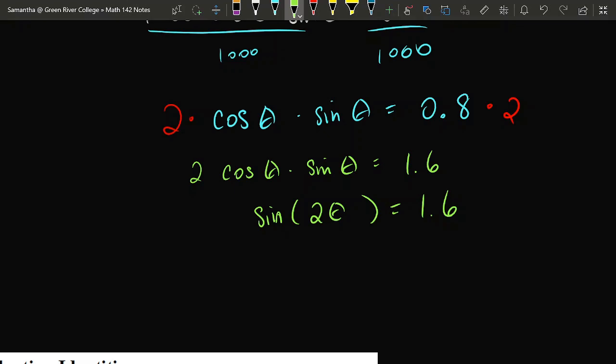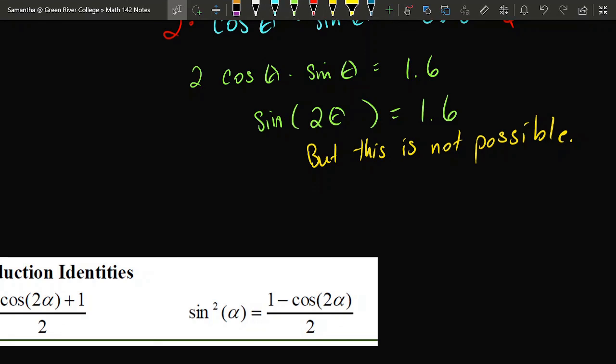But notice something. What we are requiring is that sine output a value that is larger than 1. So during our solution process, we ran into something that was mathematically impossible, and that was proof that our catapult cannot hit an object 800 meters away.